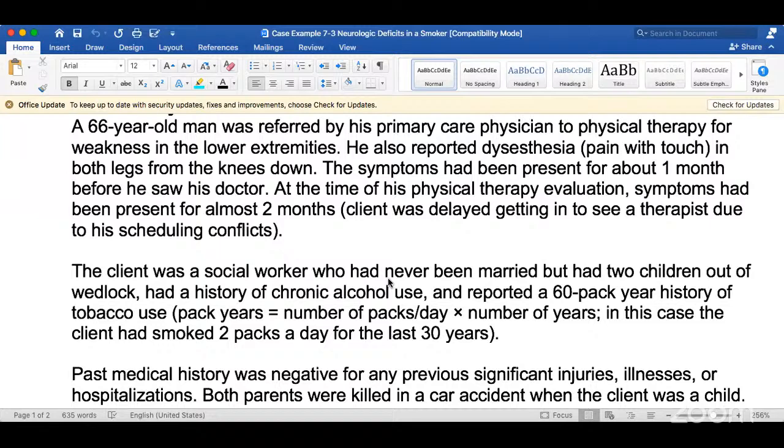Sir, my own is regarding the fact that the patient has been experiencing symptoms for 1 month before seeing the doctor, and 2 months of symptoms before seeing the physical therapist, and the fact that he is a chronic alcohol consumer and chronic smoker.